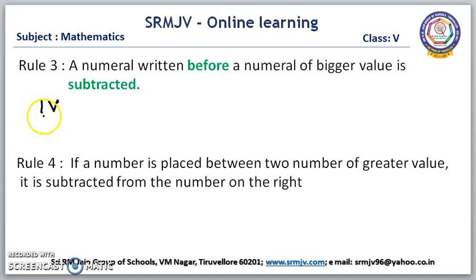Here V and I. V is greater than I, isn't it? So the numeral I should be subtracted from V. So the value of V is 5 minus the value of I is 1. So 5 minus 1, 4. The value of the Roman number is 4.